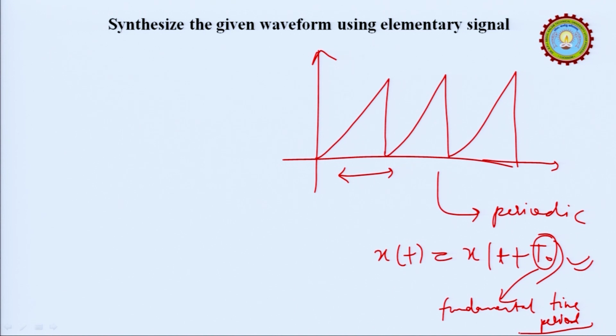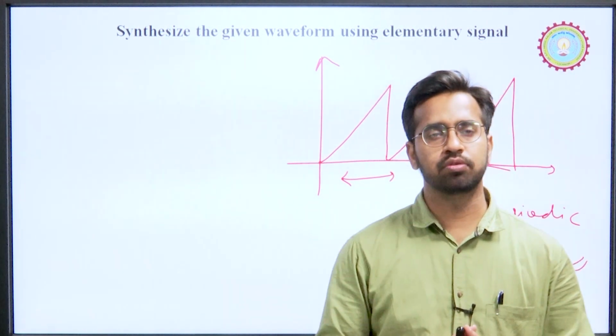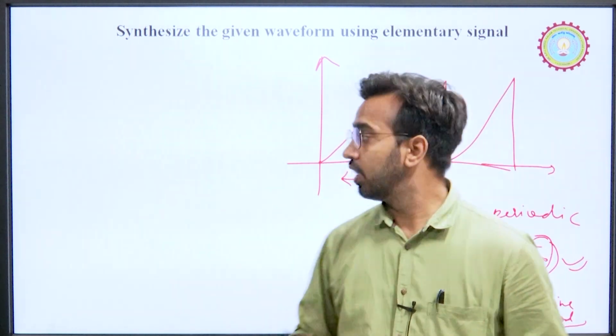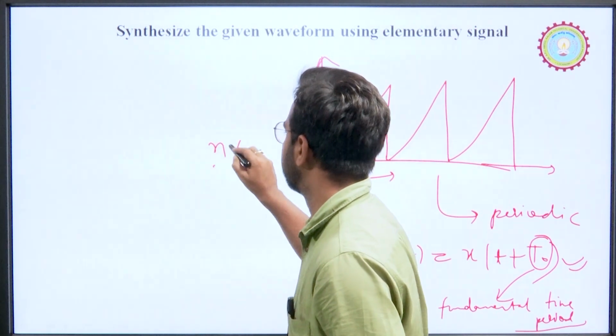Okay. Also, one more thing you can remember here: if a signal is periodic for a certain time duration, then that signal will also be periodic for n into that time period.